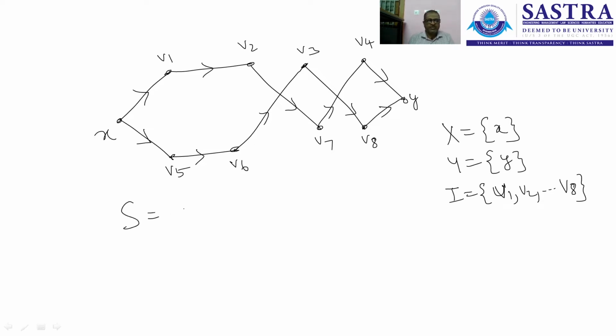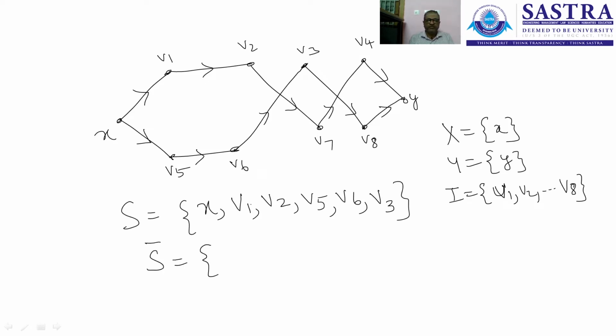Suppose I take S equal to X, V1, V2, V5, V6, V3. Then my complement of S would be the remaining vertices: V3, V4, V6, V7, V8 and Y. So now what will be (S, S bar)?